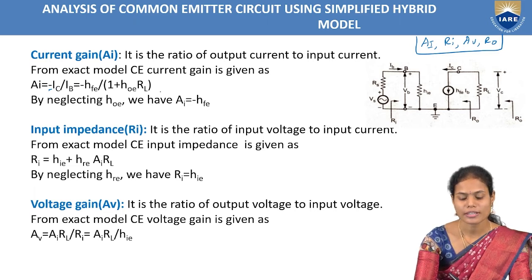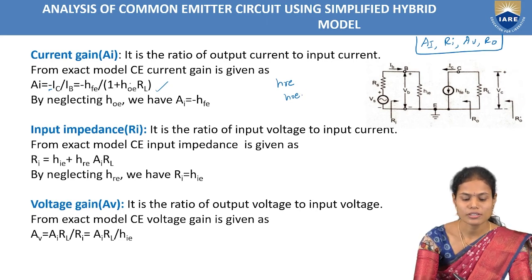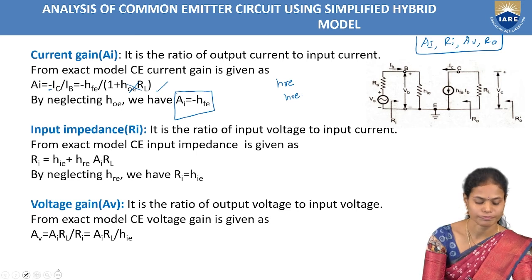So from the exact model, the value of this one is minus HFE by 1 plus HOE into RL. So in the approximate model, we have neglected the HRE as well as HOE terms. So in our equation, we have HOE here. So if you neglect this HOE term, we will get the current gain value as minus HFE.